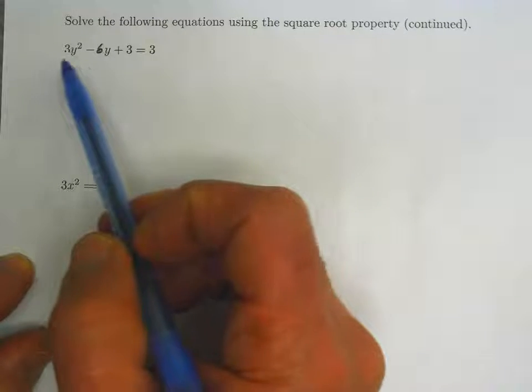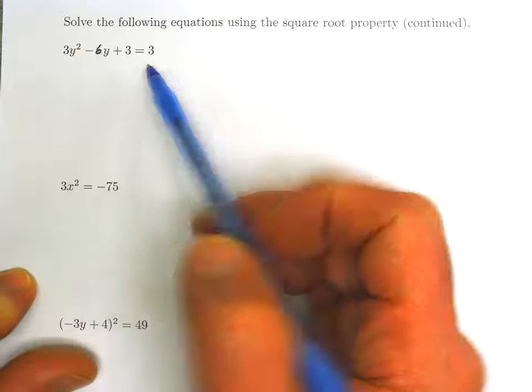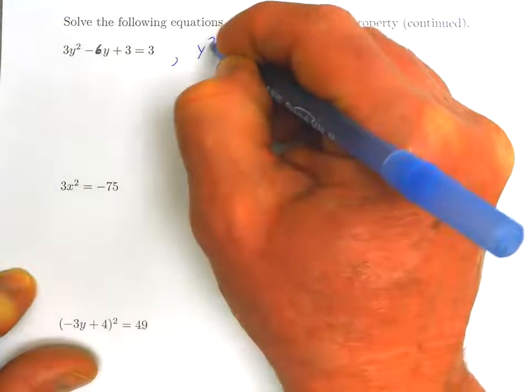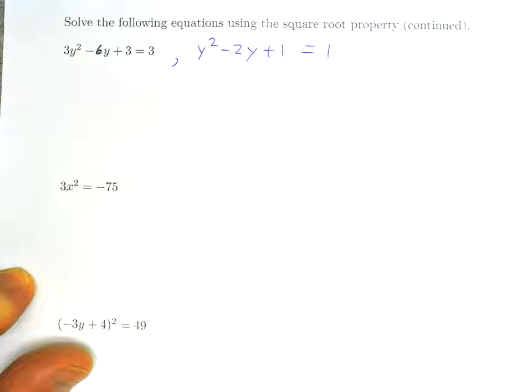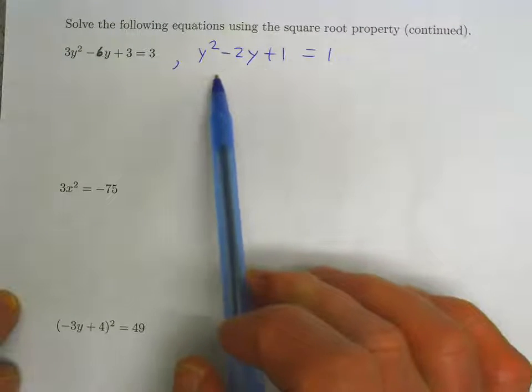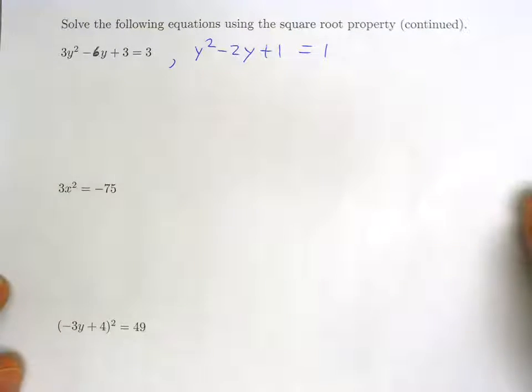So what I'm going to do is divide every term on both sides by 3 to start with. And dividing every term on both sides by 3, we get y squared minus 2y plus 1 equals 1. And the left-hand side is a perfect square trinomial.